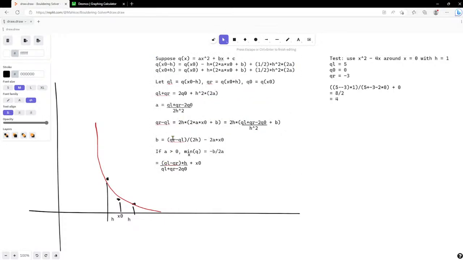So qr minus ql over, let's just do it all, 2h. Well, actually, ql minus qr over 2h, and then this is times 2h squared over ql plus qr minus 2q naught.